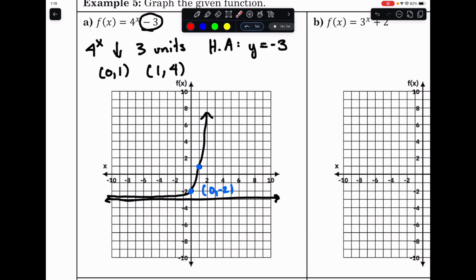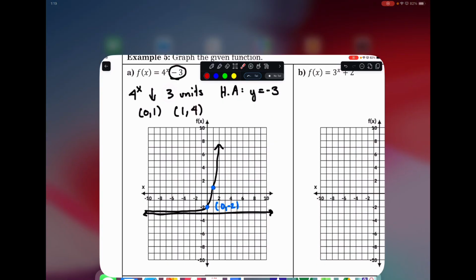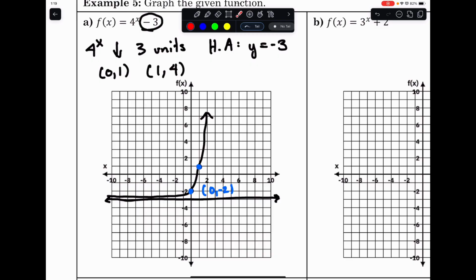And when I do 4 and I subtract 3, that puts this point at (1, 1). You see, 1 minus 3 is negative 2, and 4 minus 3 is 1. So very, very cool. How cool is that?